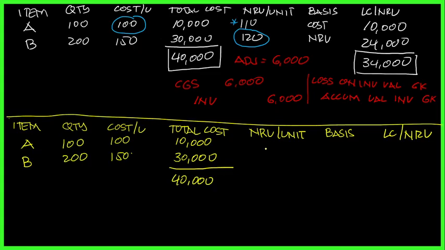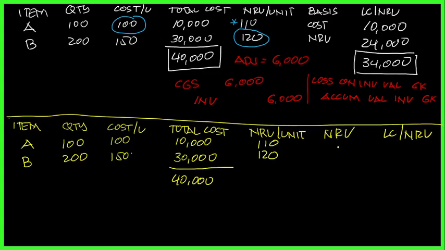Net realizable value is 110. Tama. And ito ay 120. So, ano na yung NRV natin dito? Per total. Siguro tanggalin pala natin ito. Instead of basis, let's just use NRV.